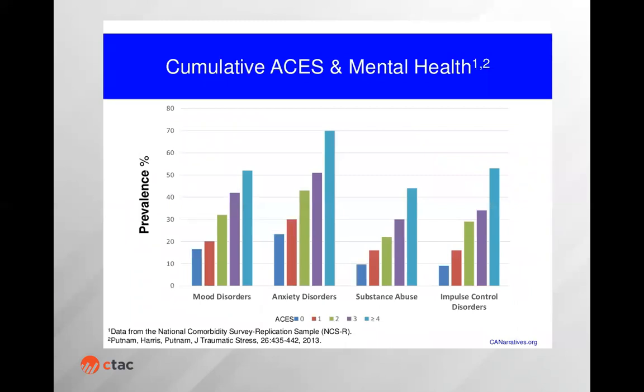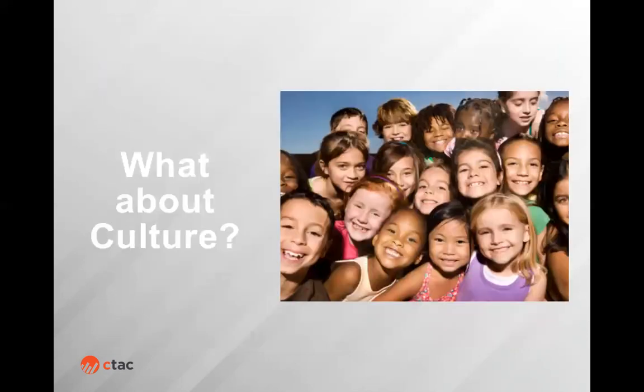And it's not just about the body, it's also related to the mind. As the number of ACEs increase, mood disorders, anxiety disorders, substance abuse, and impulse control disorders very clearly are correlated with trauma experiences early in childhood.